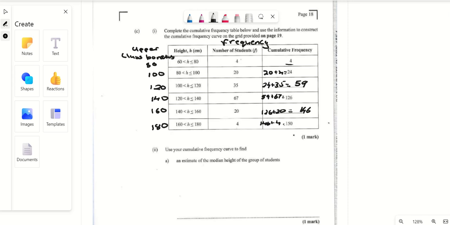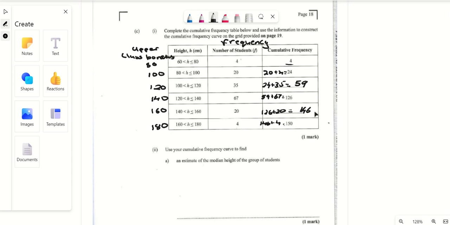If the frequency is 20, you would add my cumulative frequency before, which is 4, so 20 plus 4. Then for 35, it would have been 35 plus my previous cumulative frequency. Then for 67 plus my previous cumulative frequency, 59. Then 20 plus my previous cumulative frequency, which is 126, and so forth and so forth. And that's how we got these two values.